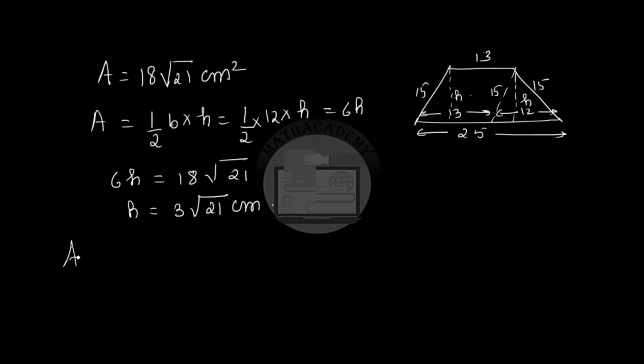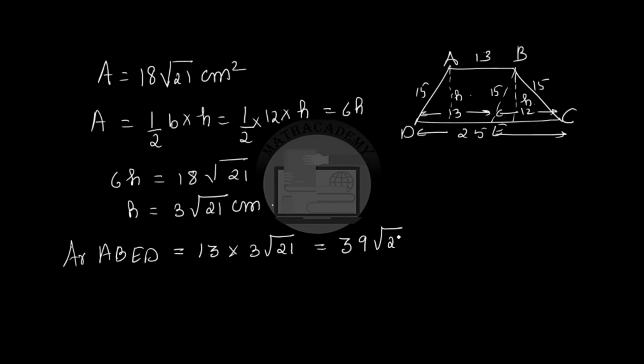So we can find the area of parallelogram ABED as base, which is 13, which is the base DE, into the height 3 root 21, which gives you 39 root 21 centimeter square. You have the area of parallelogram now, the area of triangle now.